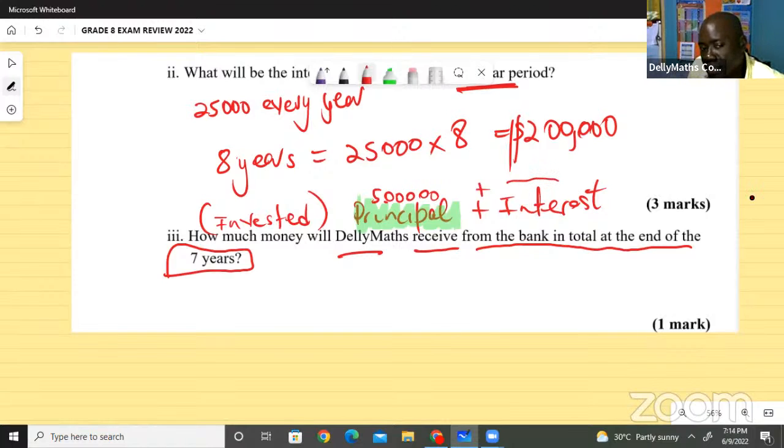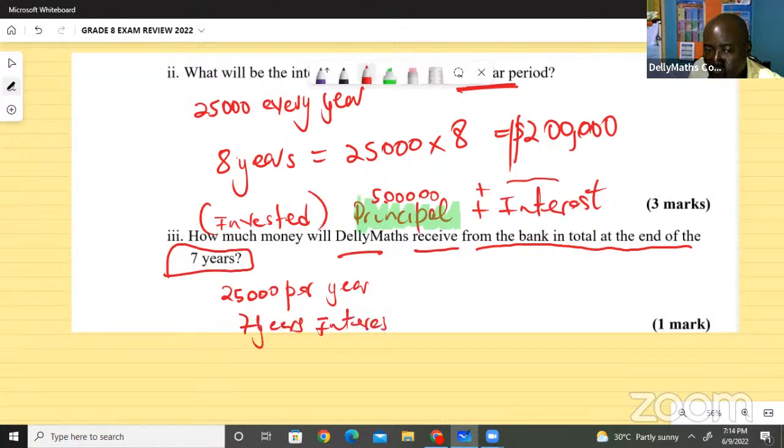So let us find the interest for 7 years. Remember, it's 25,000 per year you're making. So when we talk about 7 years of interest, it's going to be 25,000 times 7. You're going to make it 7 times, and then you're looking at $175,000.